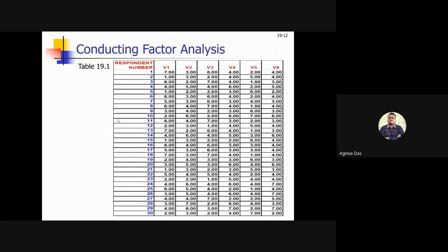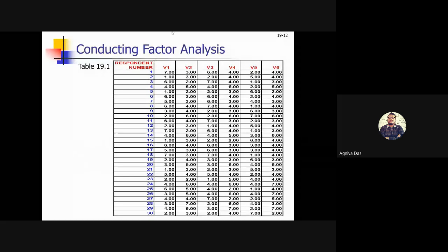Now, let's say we have this data collected on a Likert scale, which means a 7-point scale. So this is scale data on V1, V2, V3, V4, V5, and V6. These are all questions recorded on an agreeability scale. V1 is question number 1, and respondent number 1 agrees wholeheartedly, so he's extremely agreeable to this statement V1.